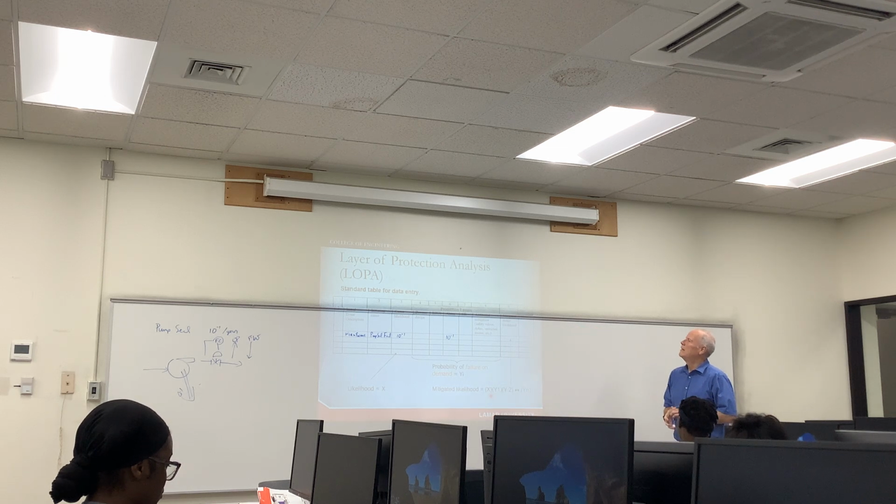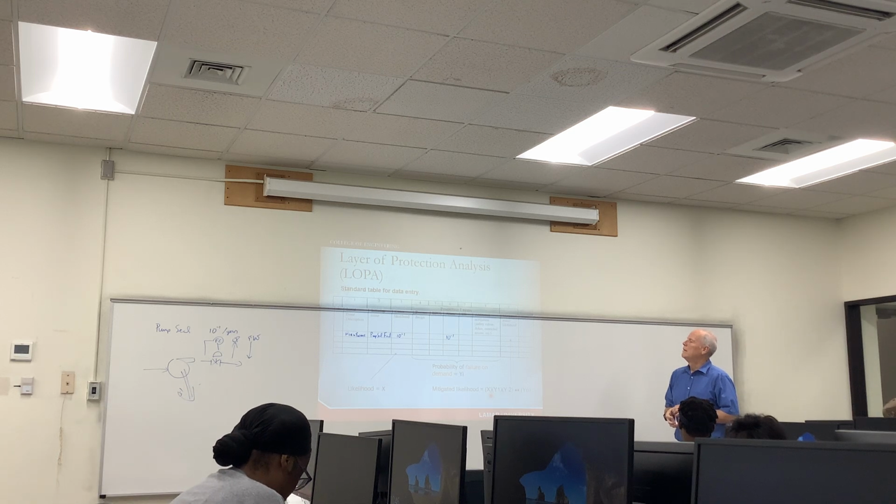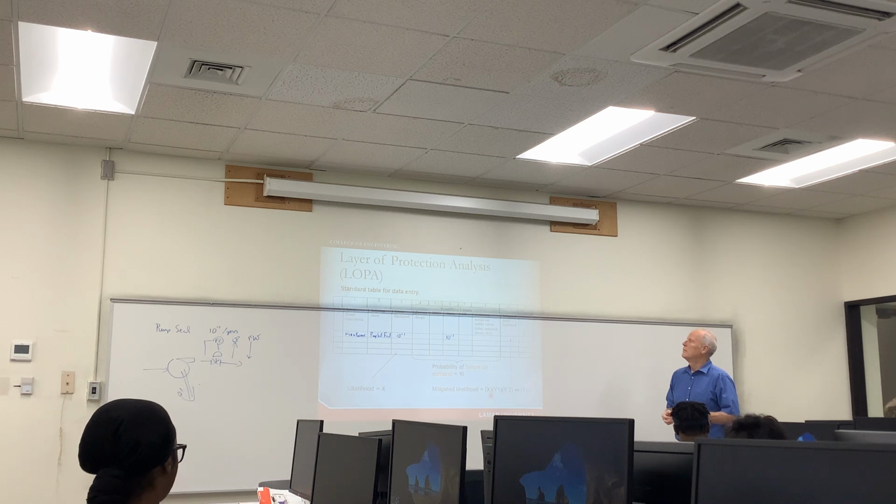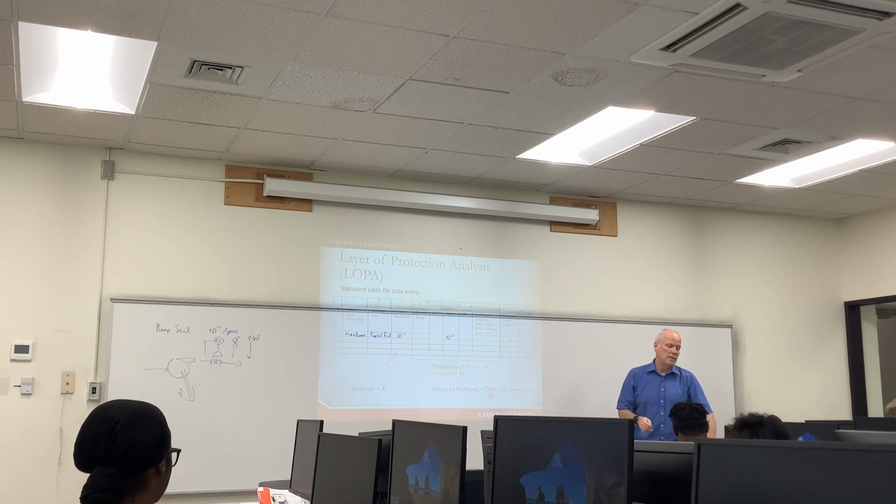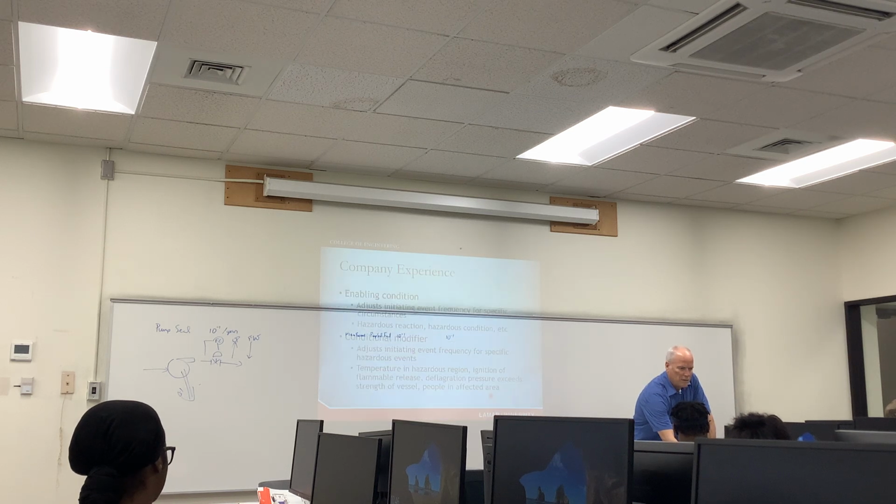Is that good enough? So we're gonna do the mitigated event likelihood. I guess it depends on how bad it is, and it does depend on how bad it is. Let me see if I've got a table here somewhere about how bad it is.